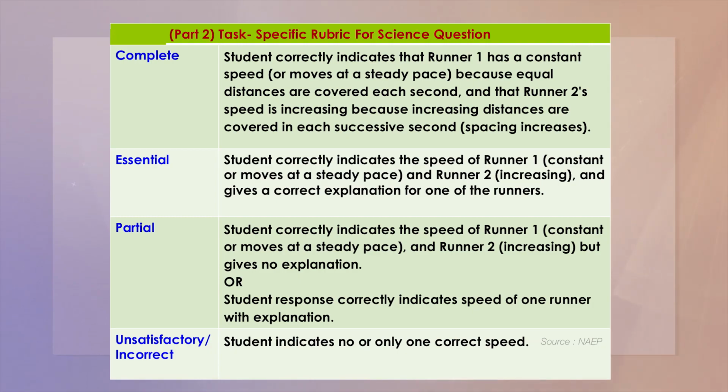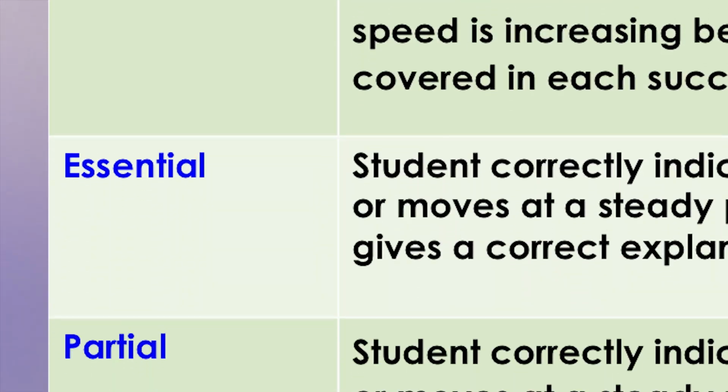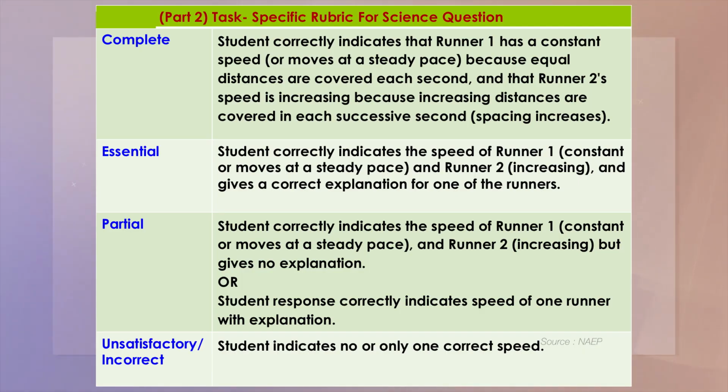The corresponding task-specific rubric is based on the design of holistic rubric and uses 4 scale levels: complete, essential, partial and unsatisfactory. To understand the speciality of task-specific rubrics, we need to look at the description carefully.